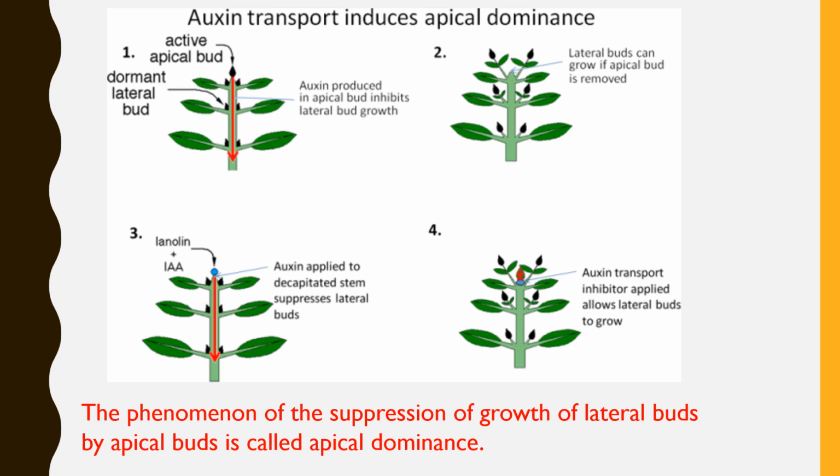Oxygen production does not allow the lateral buds to grow properly. It allows the apical buds to grow well. So apical buds are dominant over the lateral buds, and this phenomenon of the suppression of growth of lateral buds by apical buds is called apical dominance.